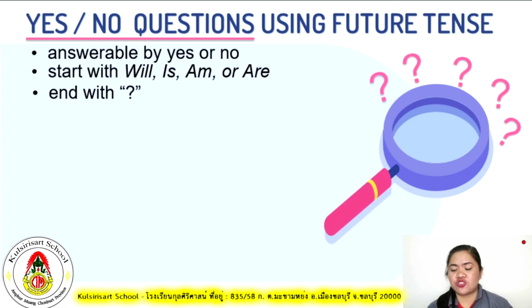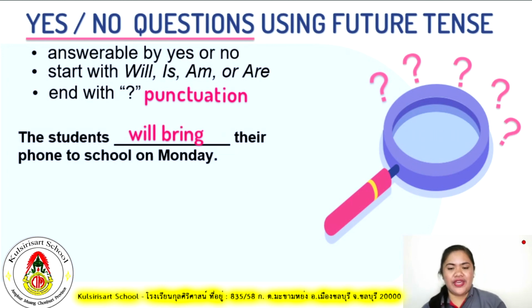So what is a punctuation? It is the symbol that we use at the end of the sentence. So how do you spell punctuation? We spell it P-U-N-C-T. Very good. T-I-O-N. Punctuation.